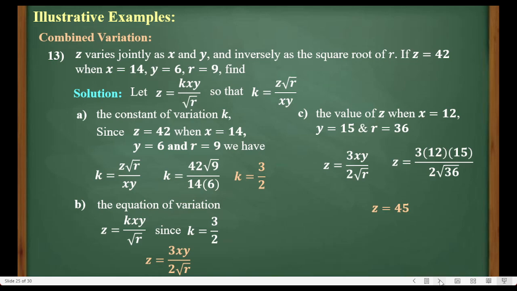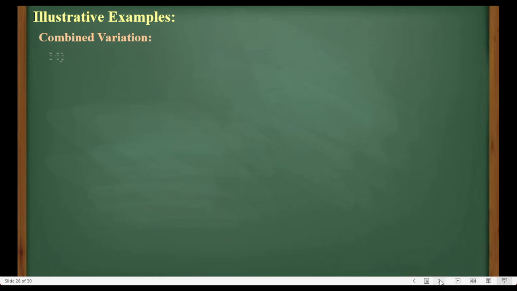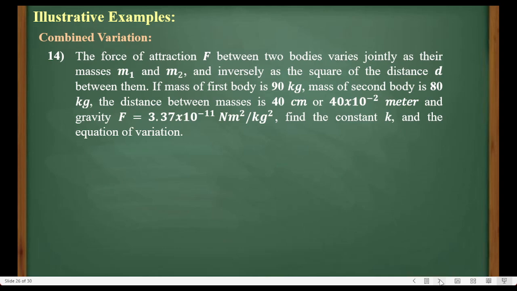Next example under combined variation. This one, it's quite long, no? The force of attraction F between two bodies varies jointly as their masses, denoted by m sub 1 and m sub 2, and inversely as the square of the distance d between them.